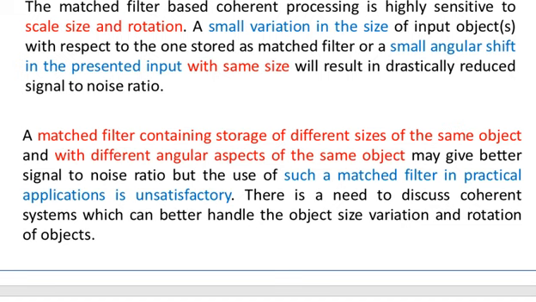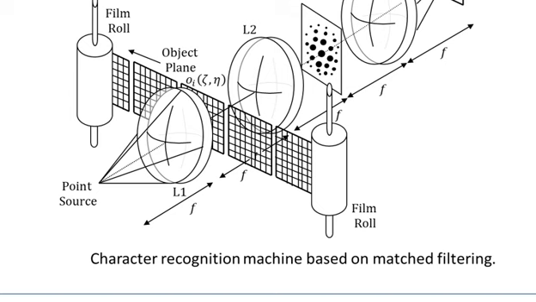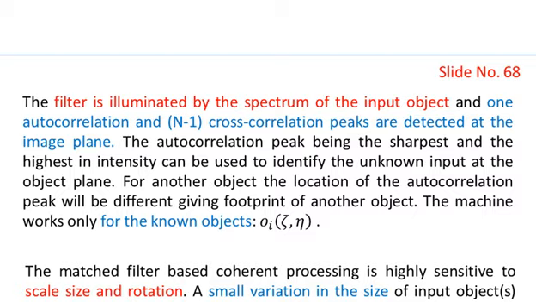So you see that in the system that we are presenting, we require that the object size should be the same as that for which the matched filter was stored. However, the location of the object could be different with respect to lens L1. No rotation and no change in size is permitted for the object placed in this machine.